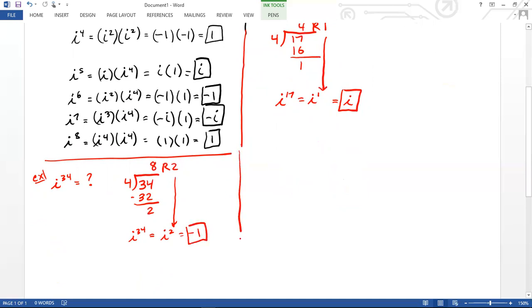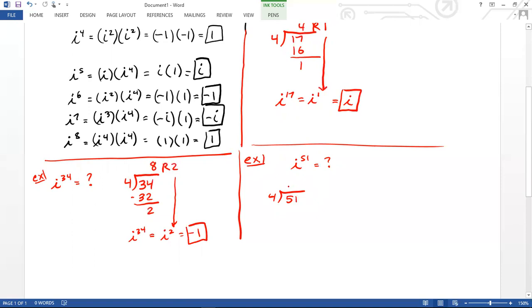All right, let's try i to the 51. So 4 into 51.